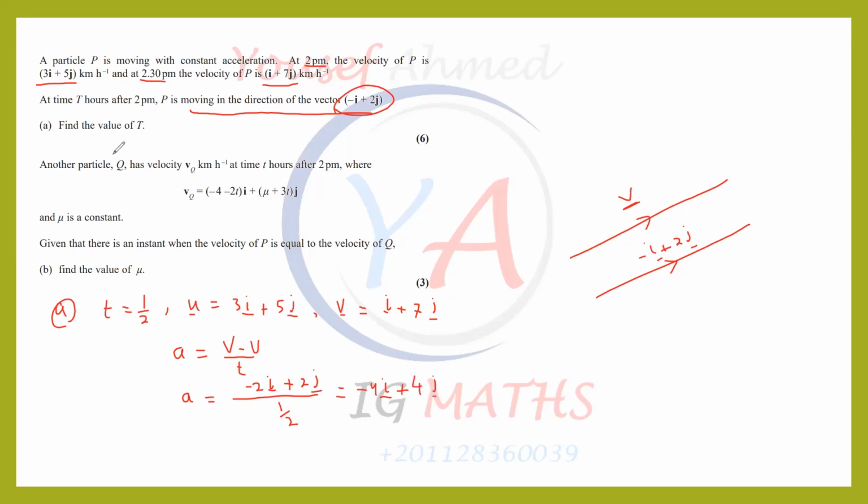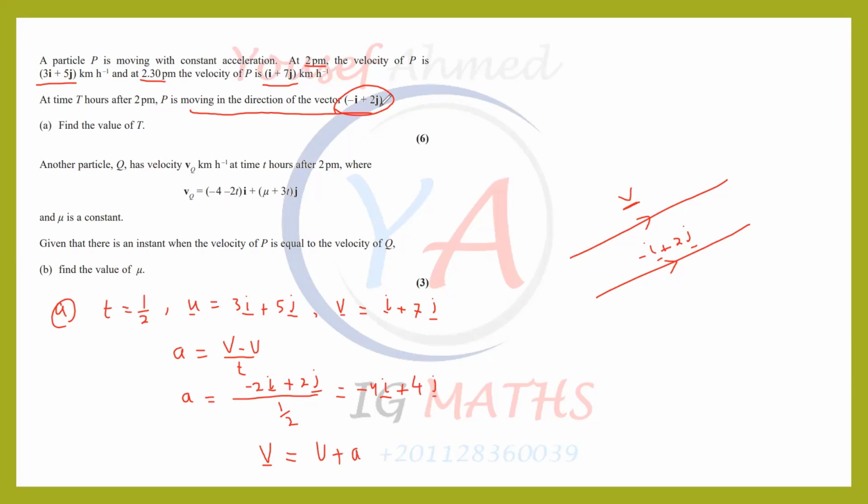We need to find the value of t, the time t hours at which P is moving in the direction of the vector negative i plus 2j. So let's get the vector v after a specific time t. It will be v equals u plus at.